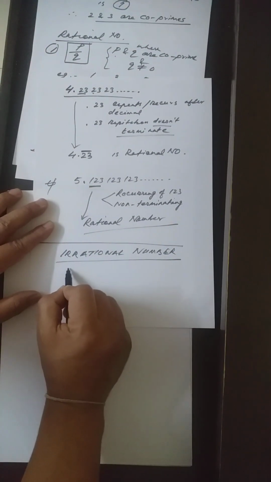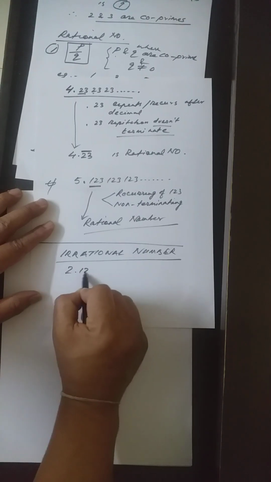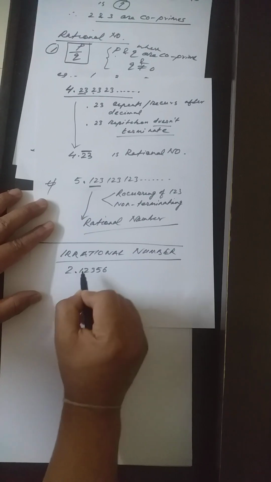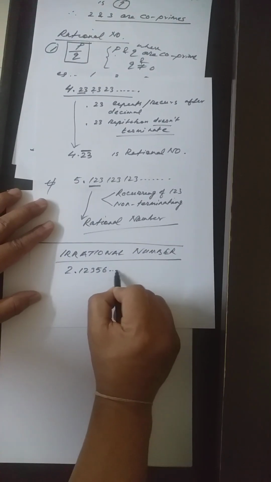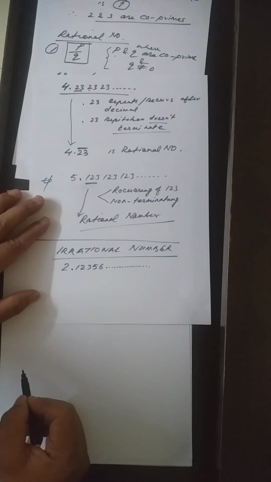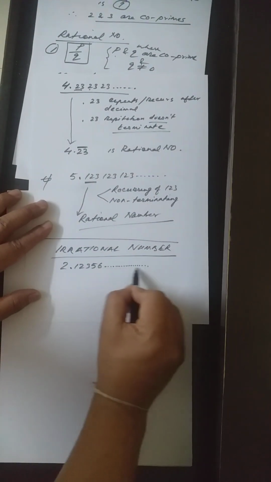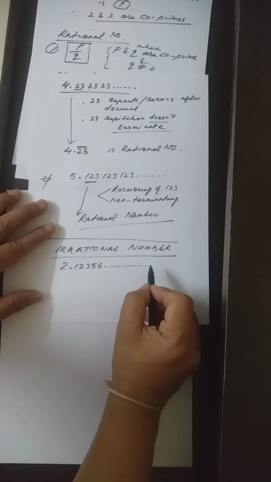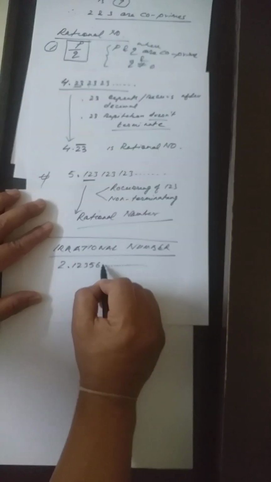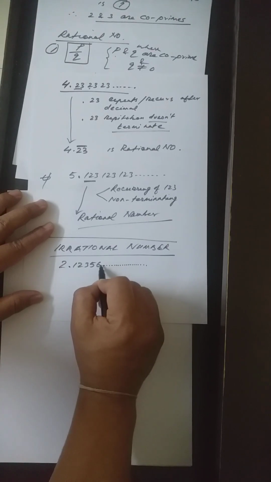Say a number which is written as 2.12356, and many more digits keep on going, but none of these digits repeat. It means 1 2 3 5 6 doesn't repeat. We have other digits after 6.